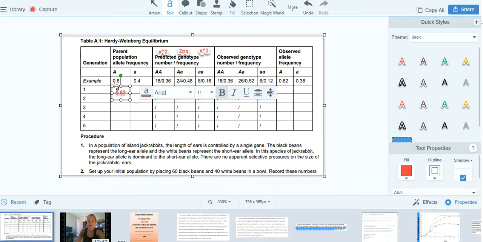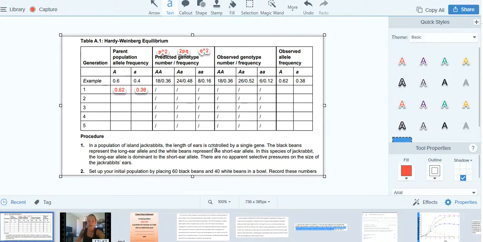I'm always so bad at that. I won't even lie. So my 0.62 is going to go there, and then I'm going to put my 0.38 in the next column. And I'm just going to start this whole process over again. I'm going to do my second column on predictions based on the Hardy-Weinberg equation, and then I'm going to do the observed by pulling those paper clips out of the bag that I currently have. Okay, so hopefully that explains it.